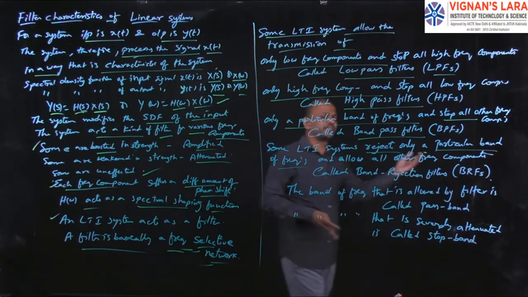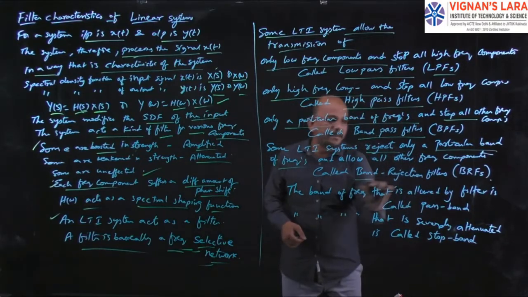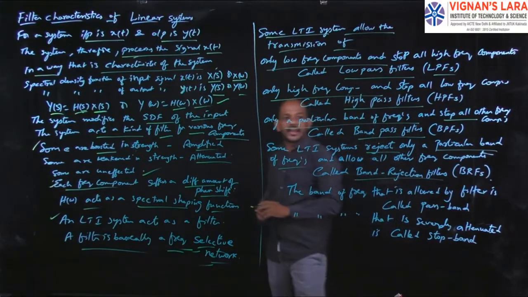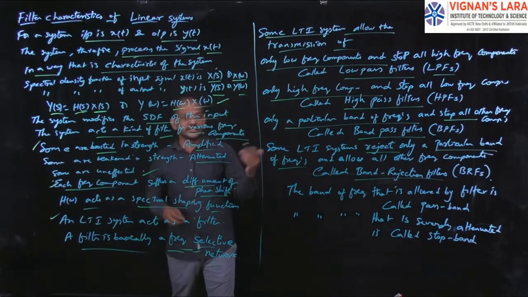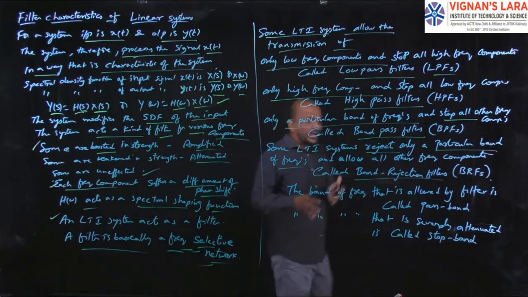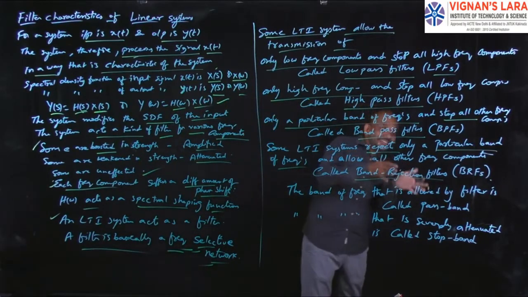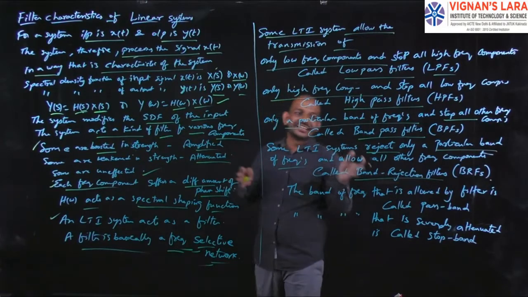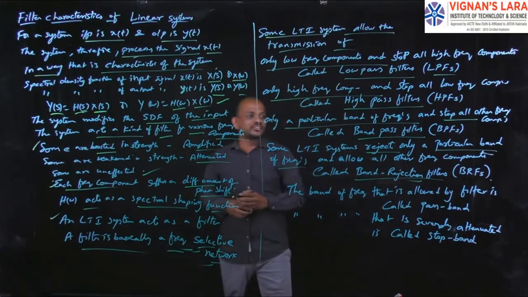They are called band rejection filters, or BRFs. That band of frequency components is rejected by those LTI systems.